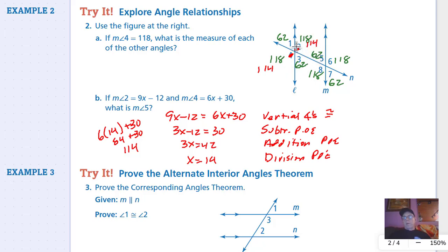Now, since 2 and 5 need to be supplementary, if I do 180 take away 114, I get 66. Is that right? 66. Yeah, 66. So the measure of angle 5 is 66 degrees. Okay, let's move on.